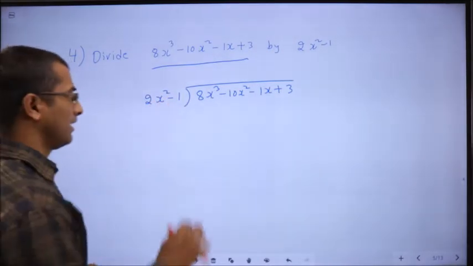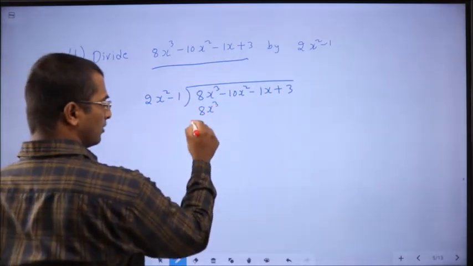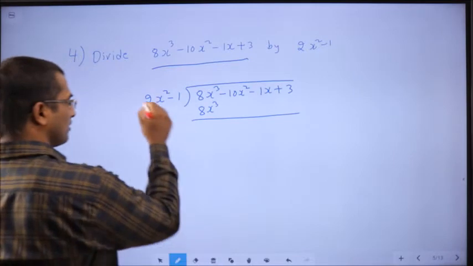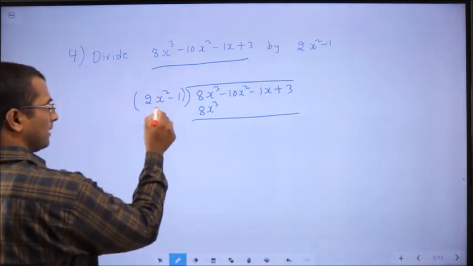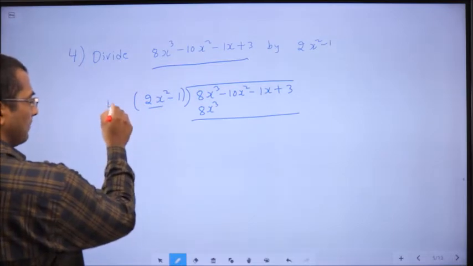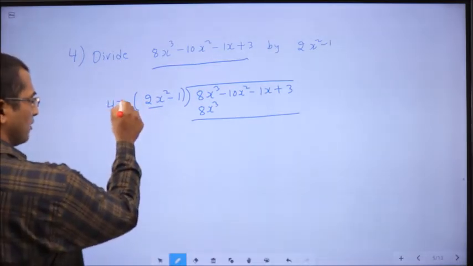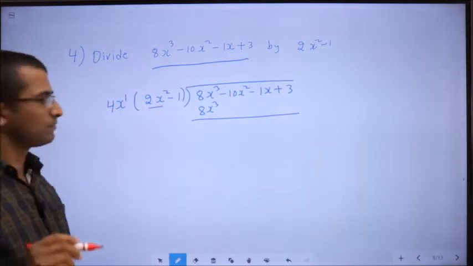Okay. Here 8x cube, below this also I should get 8x cube only. So 2x square should be multiplied with what to get 8x cube? 2 should be multiplied with 4 to get 8, so this should be multiplied with x power 1.